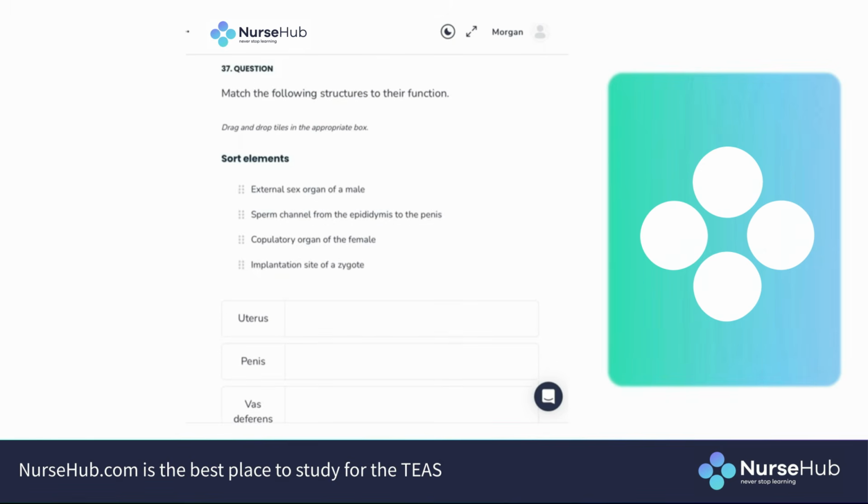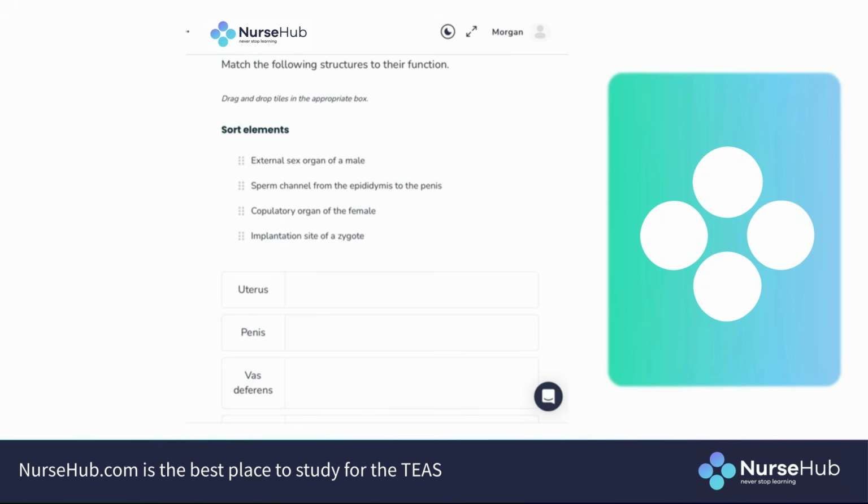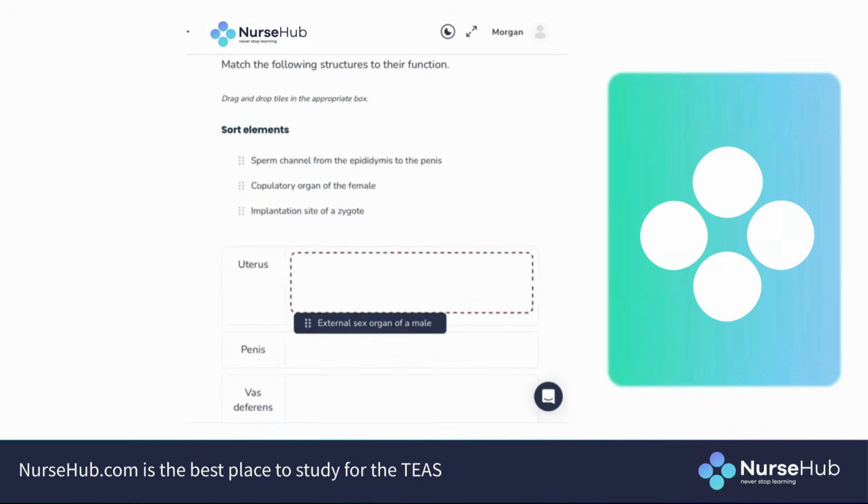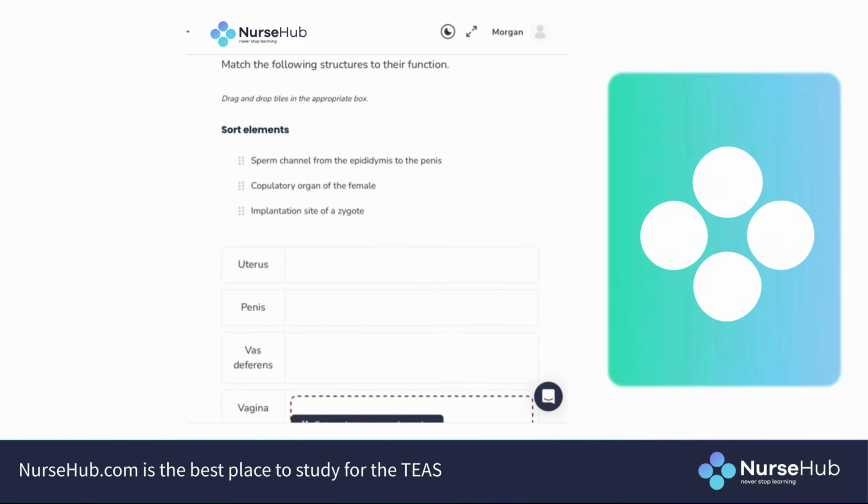Question 37 is a matching. It's asking to match the following structures to their function. So you get to use a fun functionality that we have here on the website, where you can move these around and pop them where you think they go. All right. So the external sex organ of a male, we know that is the penis.